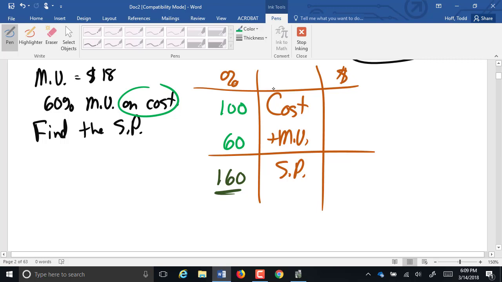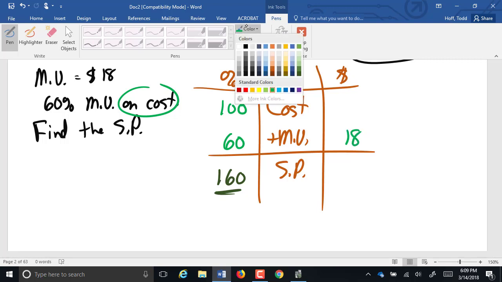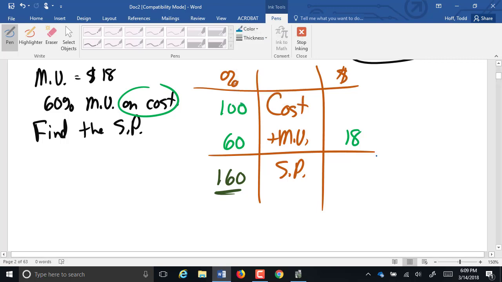What else are we given? Markup is $18. We are asked to find selling price, right? So that means the markup's the row where we know both numbers. Selling price is the row we're looking for.